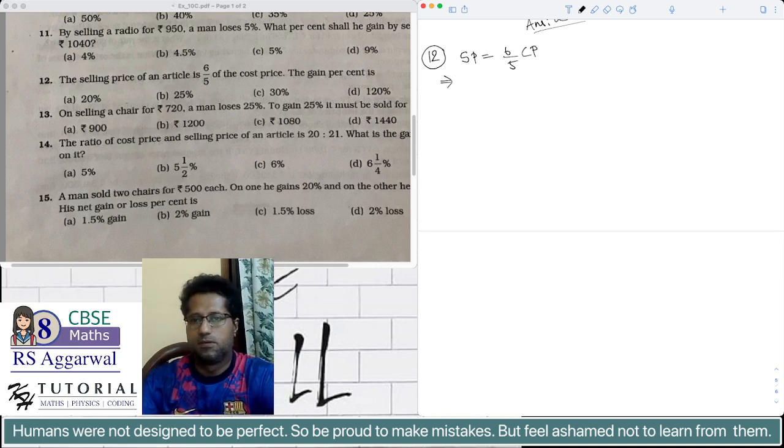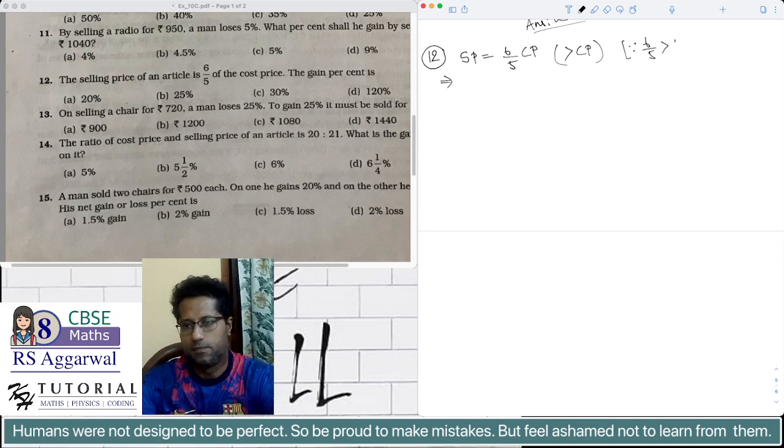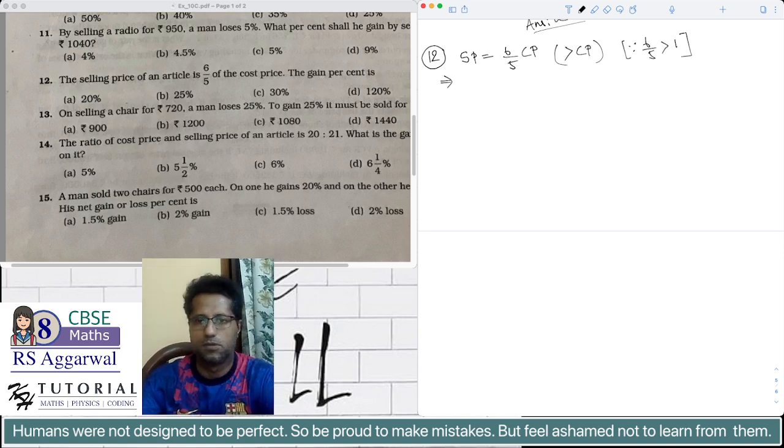Now, 6 by 5th cost price is definitely greater than CP, because 6 by 5 is greater than 1. This implies gain is equal to, we know that gain is SP minus CP. What is SP?